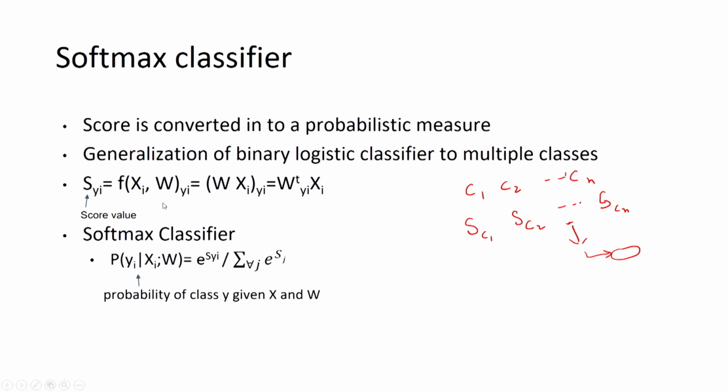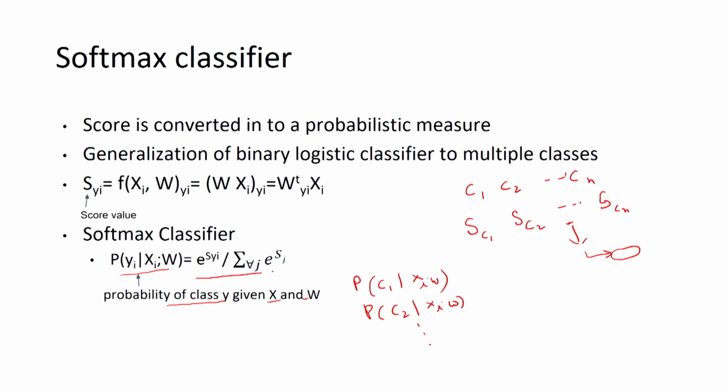After finding the score of all the classes, we get the probability of class y given x and w. If there are C1 to Cn classes, we find the probability of C1 given x and w, probability of C2 given x and w, and so on, and whichever probability is highest, that class we will assign.